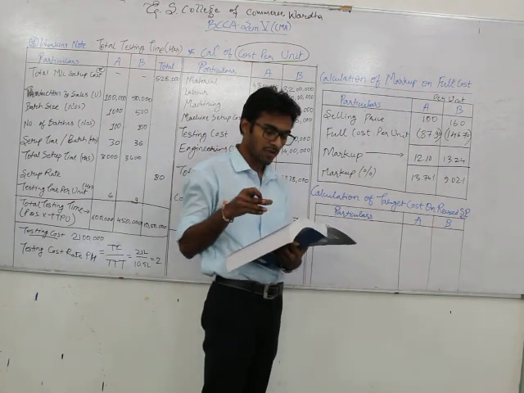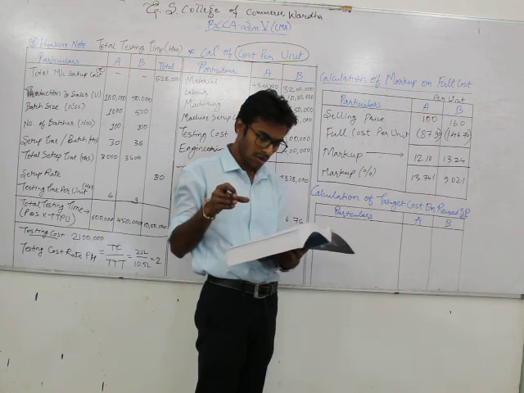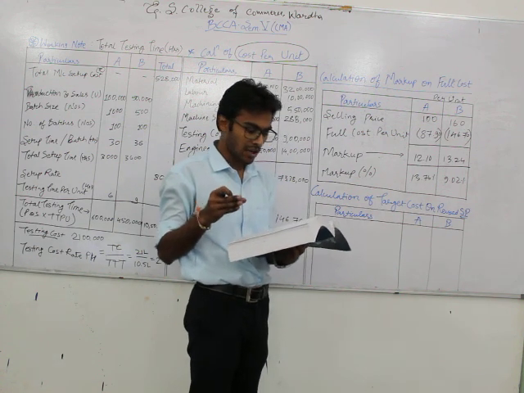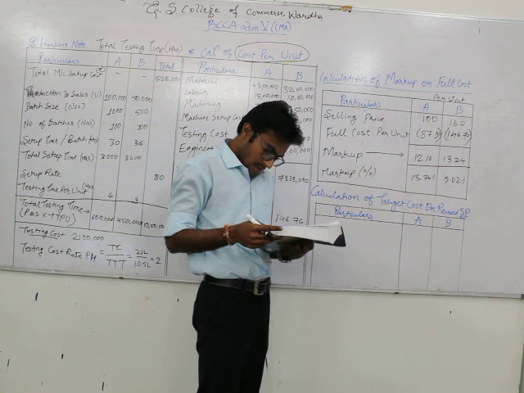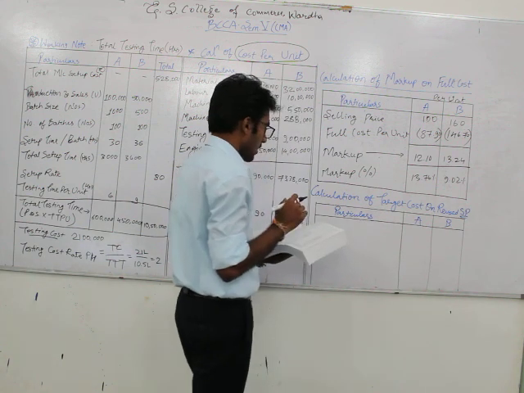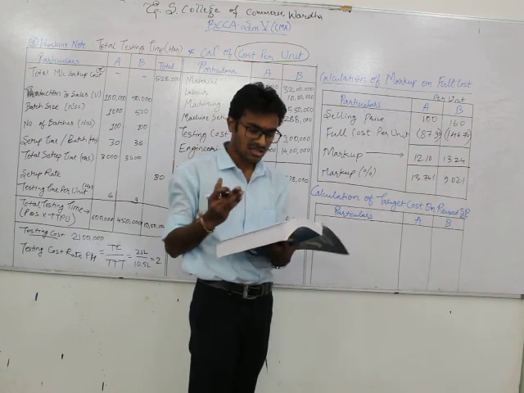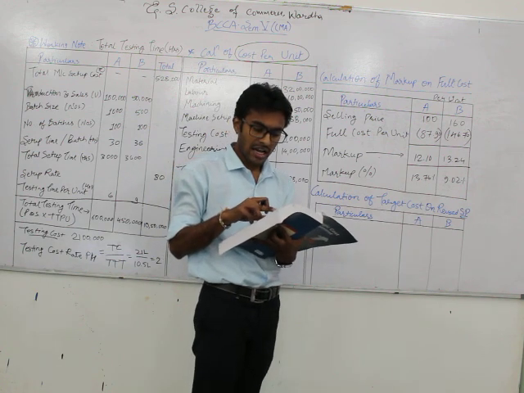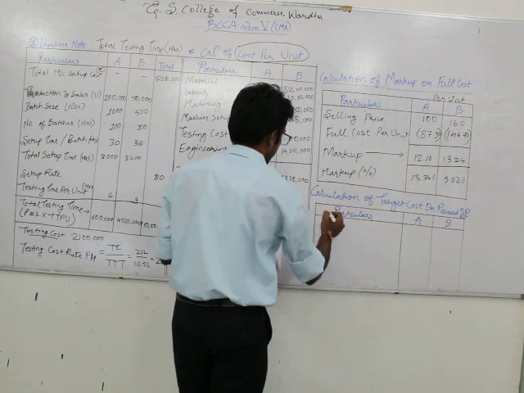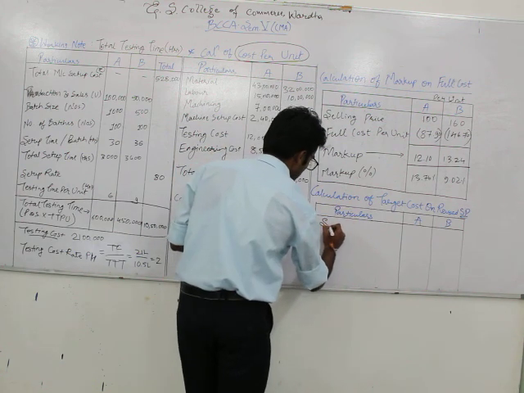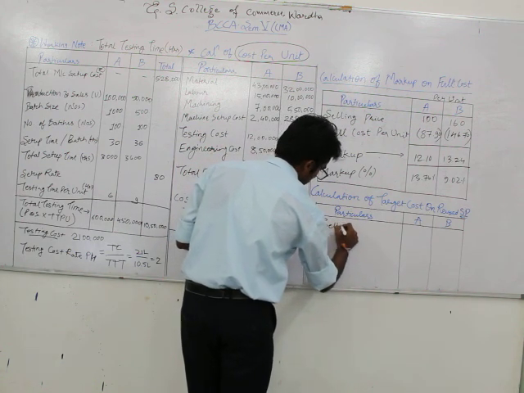If the sales price of component A and B are to be brought down to rupees 90 per unit, so our new selling price, our revised selling price, is 90 per unit and 135. So this is our revised selling price.